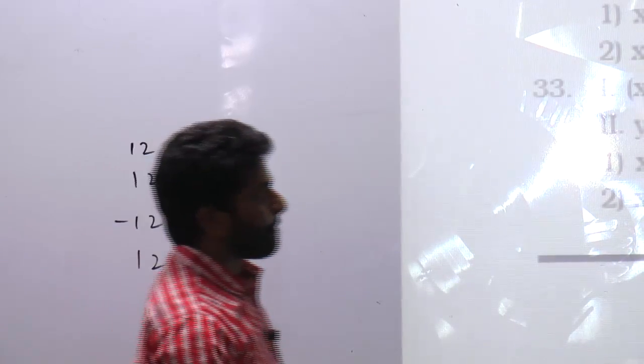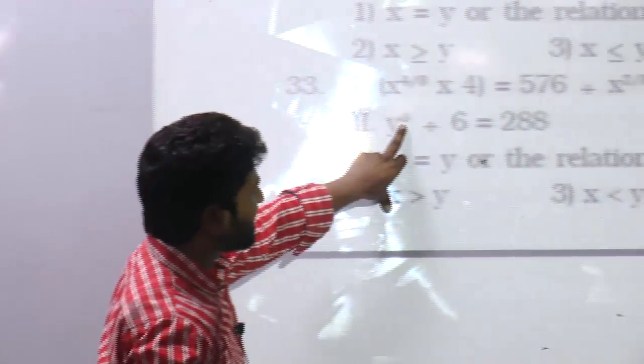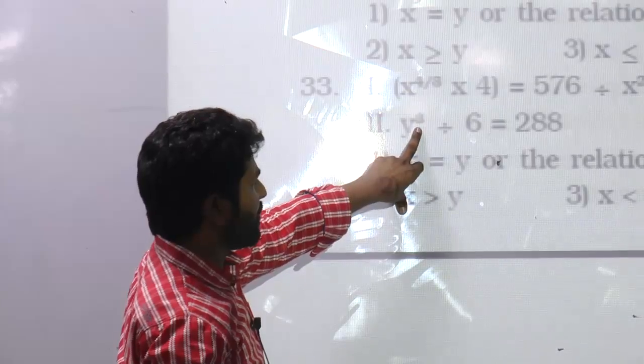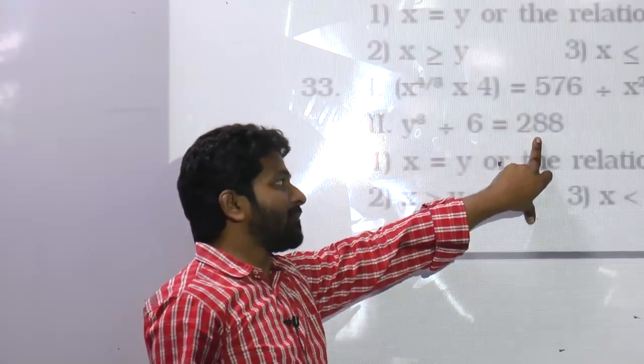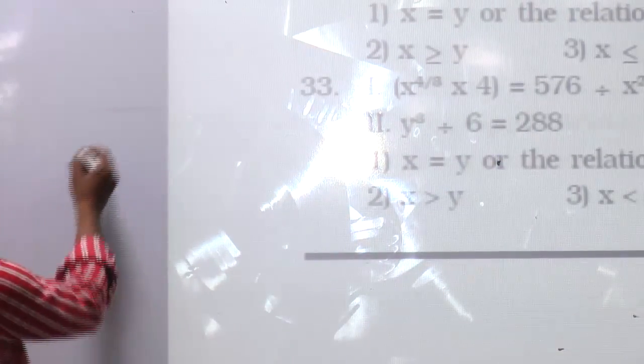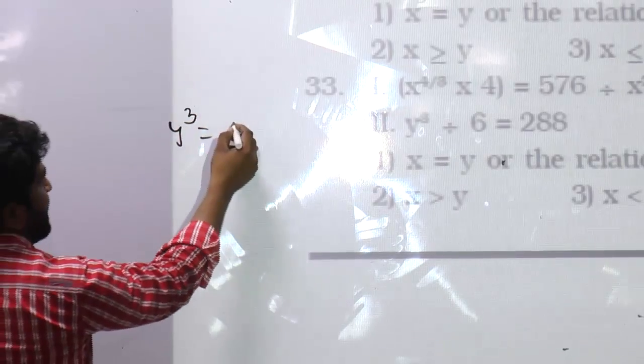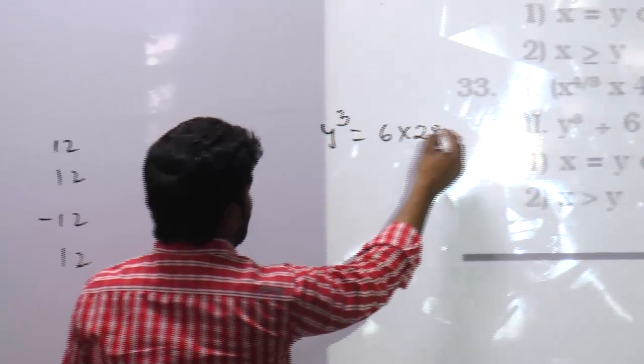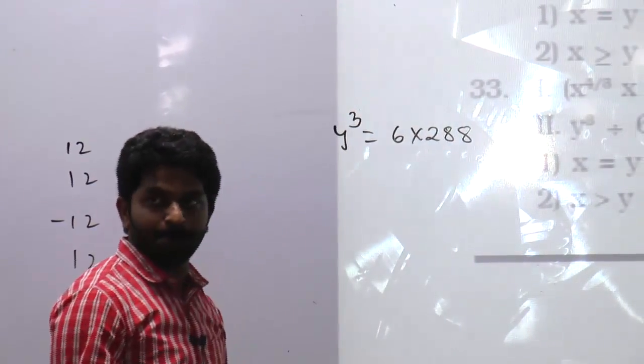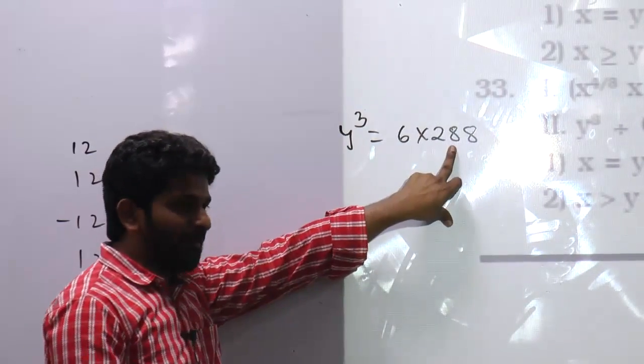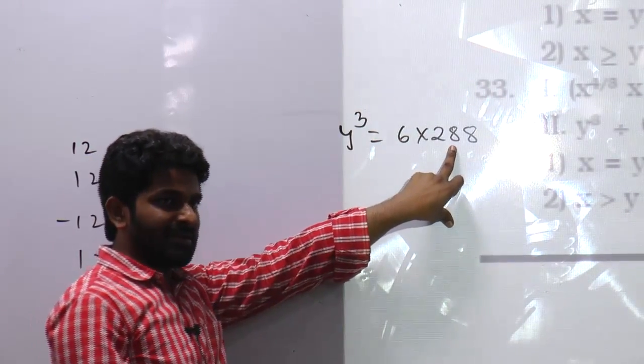Now y value, what is this? Y cube. So this becomes y cube is equal to 6 into 288. Is this a 6 multiple? Yes?